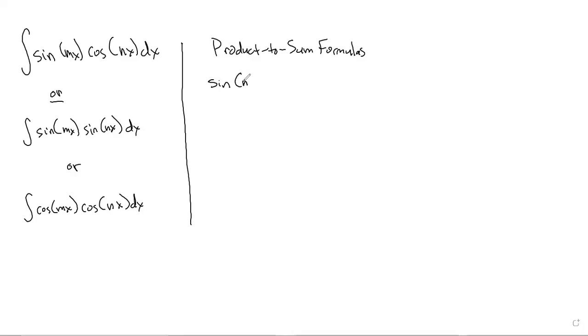If you take sine of mx times cosine nx, you can always rewrite this as 1/2 times the quantity sine of m minus n x plus sine of m plus n x.